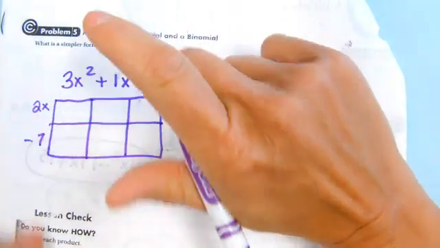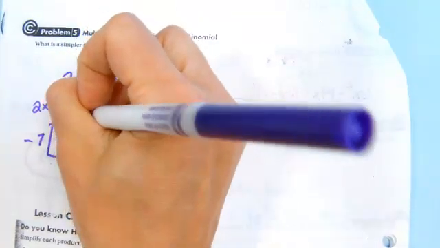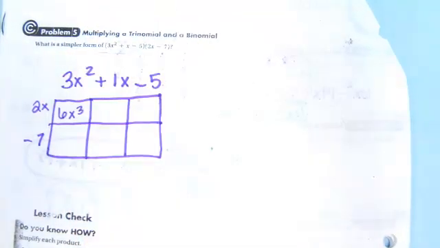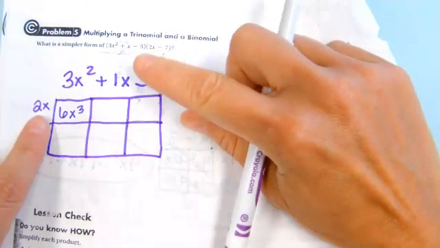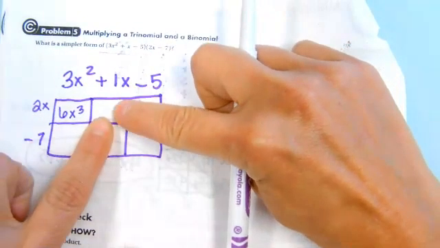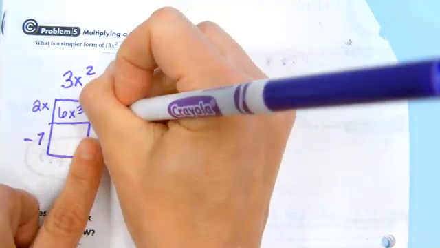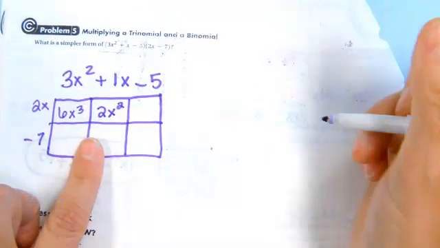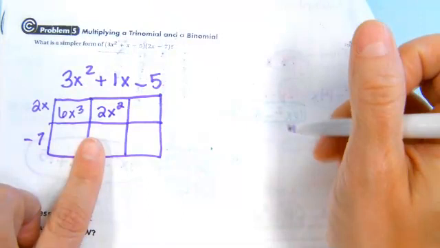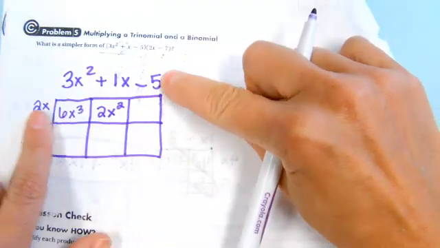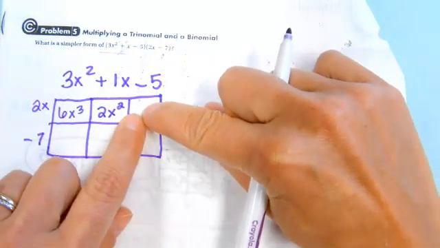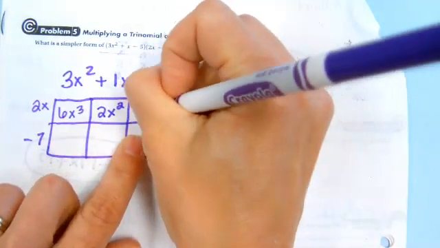2x times 3x squared gives us 6x to the third power. Now I'm going to go 2x times positive 1x for this one, giving me 2x to the second power. Then 2x times negative 5 to complete this top one is going to give me negative 10x.